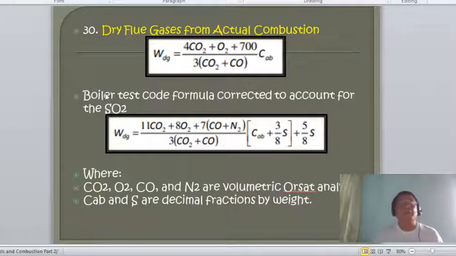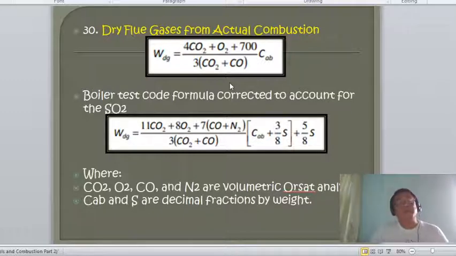To determine now the weight of the dry gas, that is 11 CO2 plus 8 O2 plus 7 multiplied by the quantity CO plus N2, over 3 times CO2 plus CO, multiplied by the carbon actually burned, plus 3 over 8 of sulfur. So this sulfur is now included, plus 5 over 8 of sulfur.